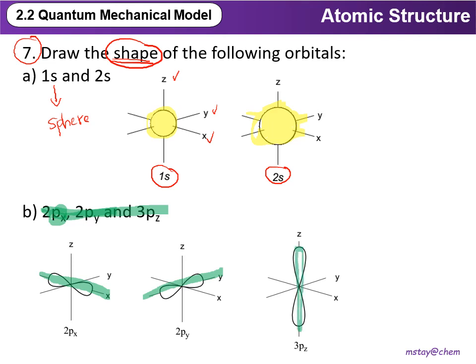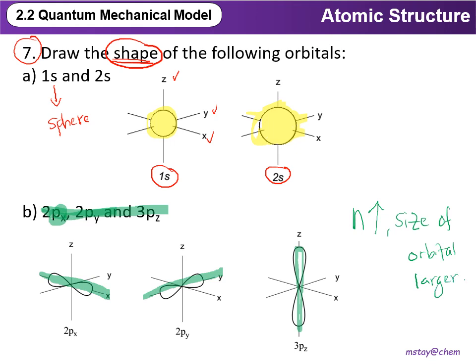Again, the difference between the 2py and the 3p is in terms of size. The higher the n value, the larger the size of the orbital will become.